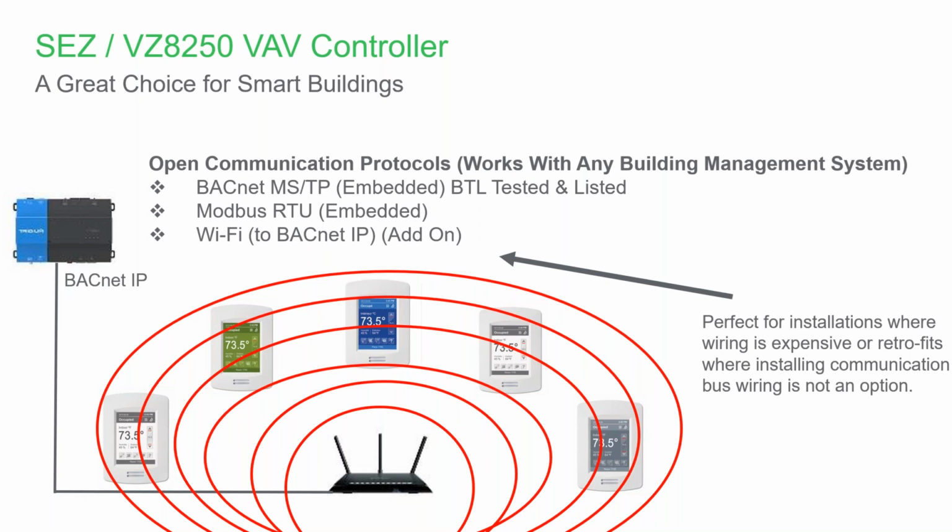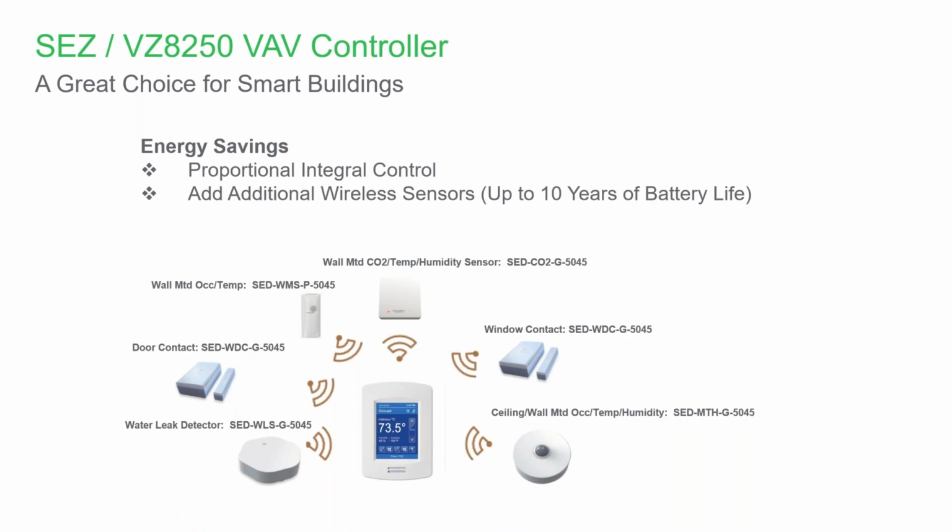And then this is pointing to a little bit more about installing it via Wi-Fi versus hardwiring. So this slide is where we talk about all the Zigbee devices that can connect to it.